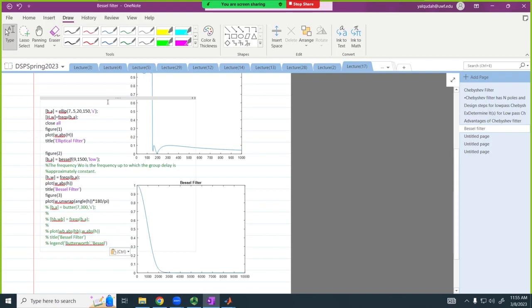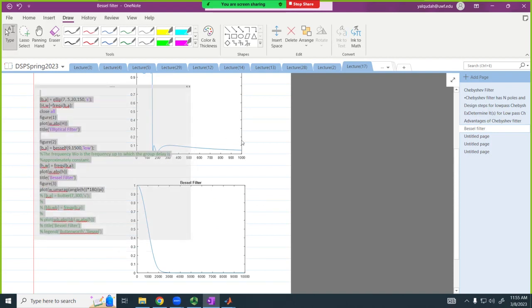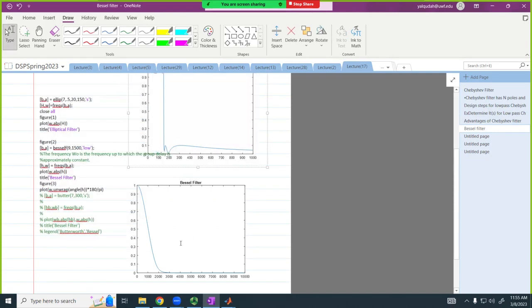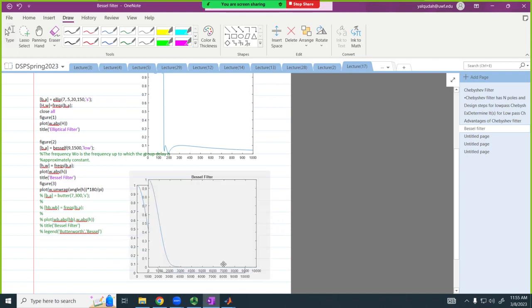Please try to run them, when you look at the notes, and change the filter order and see how they change.